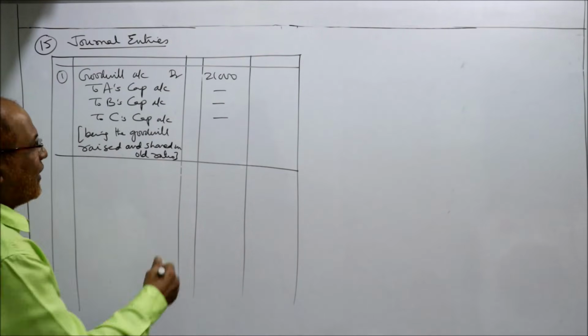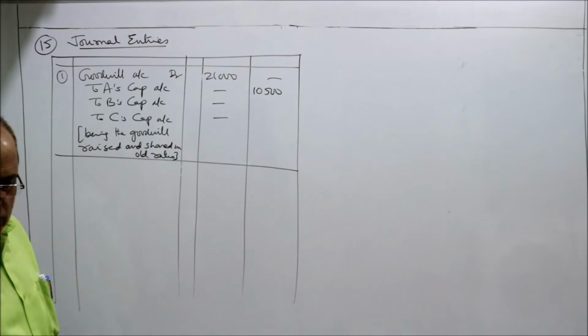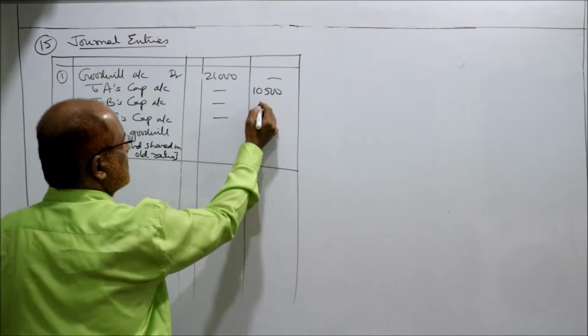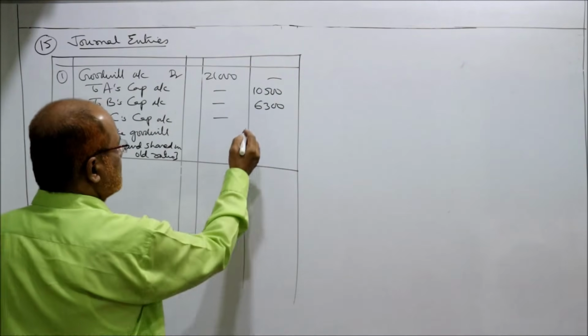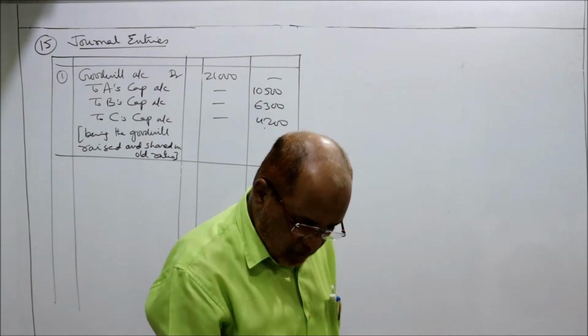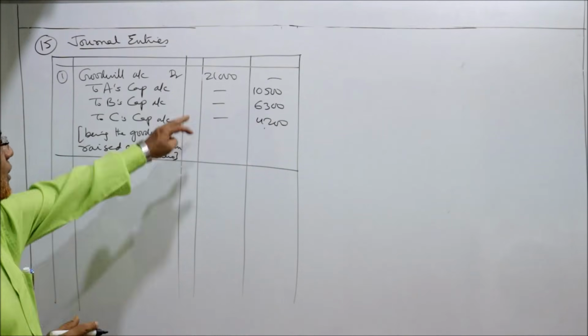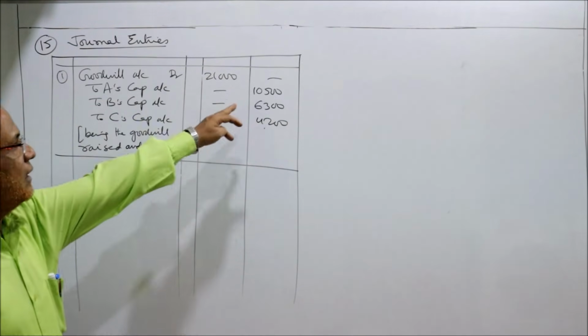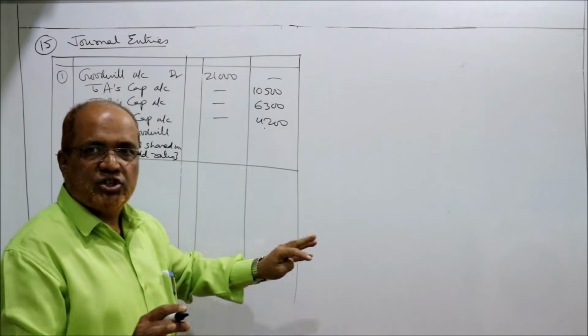So 10,500, 6,300, and the last one is 4,200. In which ratio have we divided? In the problem it is given the old ratio 5:3:2, 5/10, 3/10, 2/10. So 21,000 into 5/10, 21,000 into 3/10 and 2/10 share.